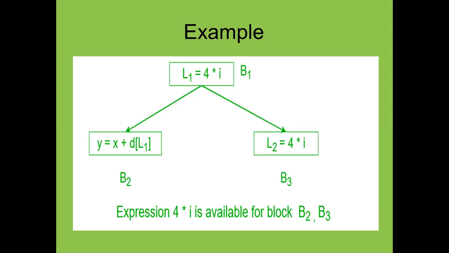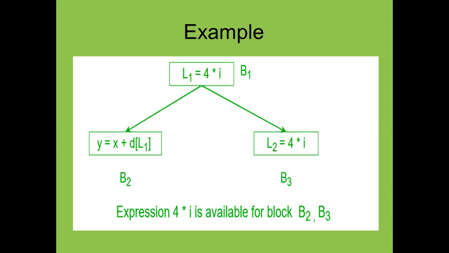Now come to B3. L2 is equal to 4 star I. It means L1 and L2 are the same, 4 star I. Again we are assigning L2 is equal to 4 star I, the same expression, so there is no need to assign L2 here.